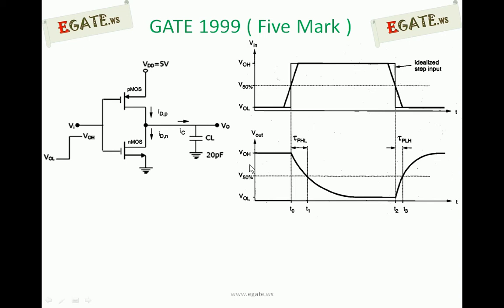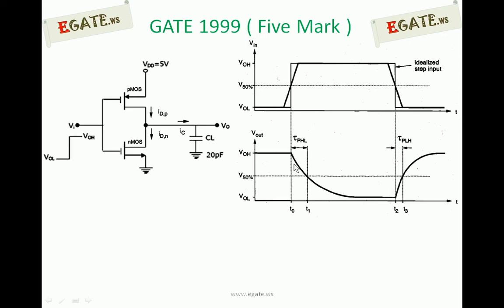Since it is an inverter, whenever the input is at VOL, the output will be at VOH. Whenever the input changes from VOL to VOH, the output will change from VOH to VOL, but it takes some time to come into the steady state of VOL. During this time, the output voltage discharges exponentially towards VOL.